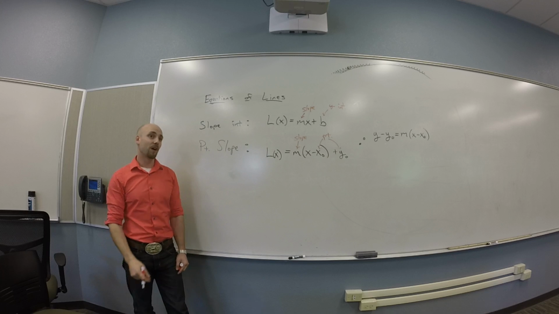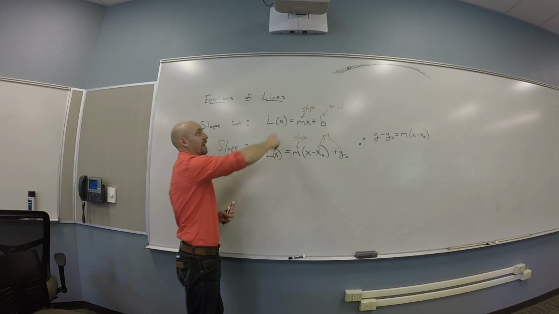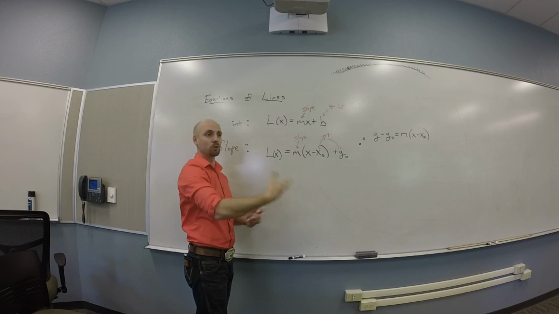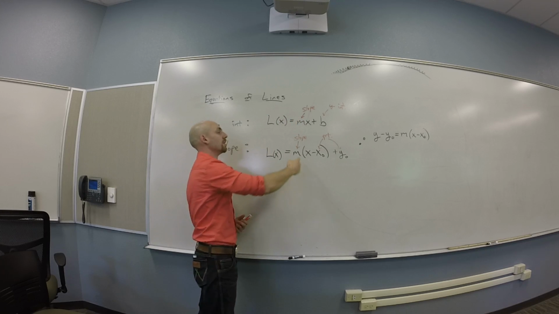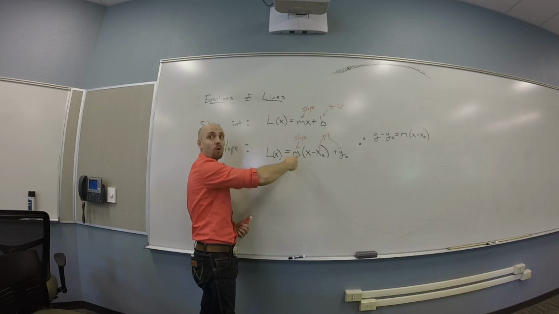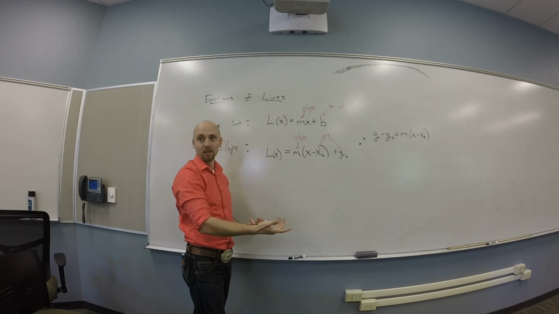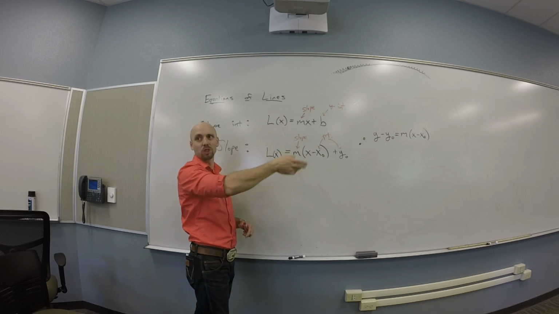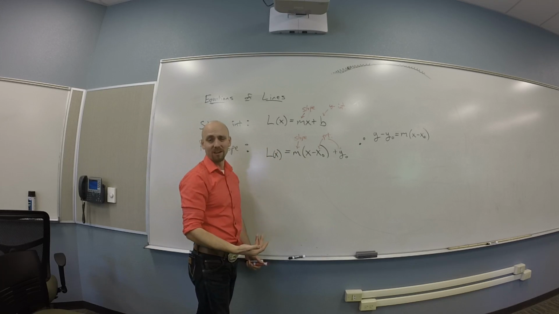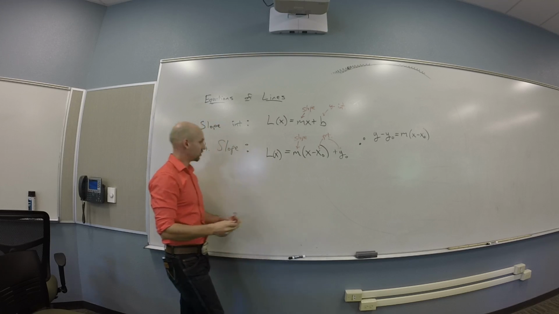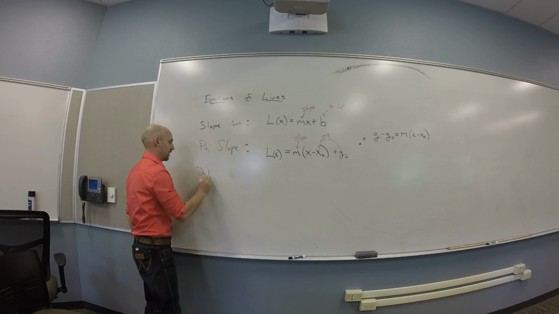So this guy's great if I've got a slope and the intercept laying around, I can just put them together and make a formula. This guy's great if I've got a slope and a point just laying around, I can stick it in. You guys see that? Otherwise, I'd have to do some solving for b, right? You guys remember that?